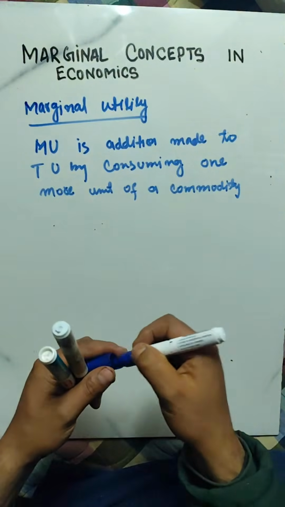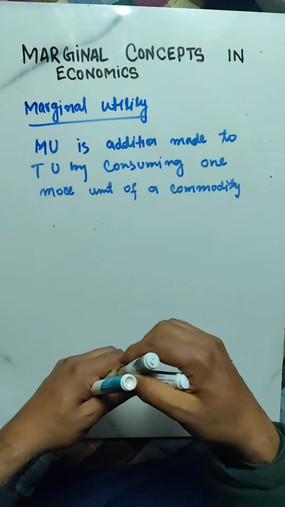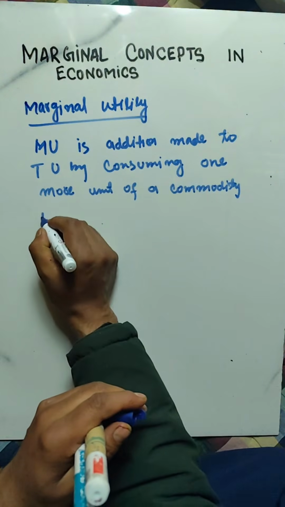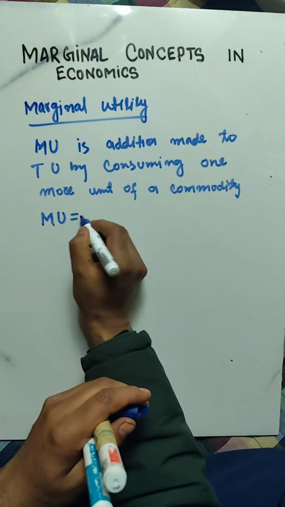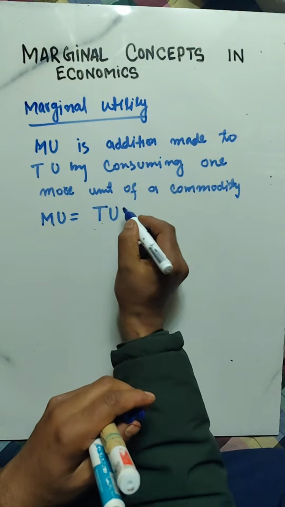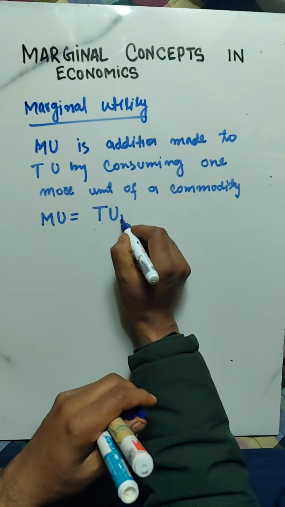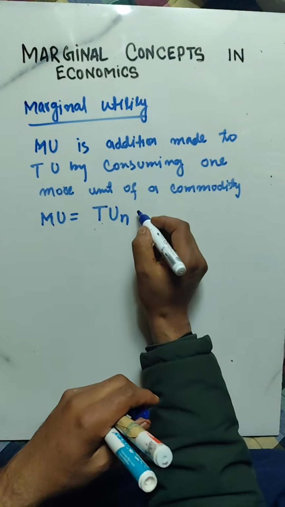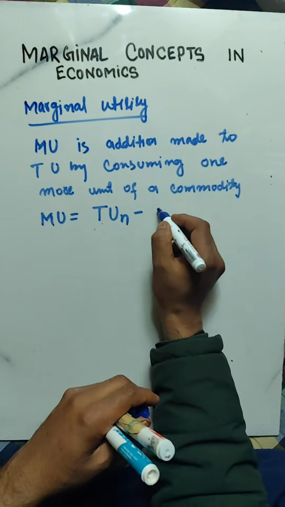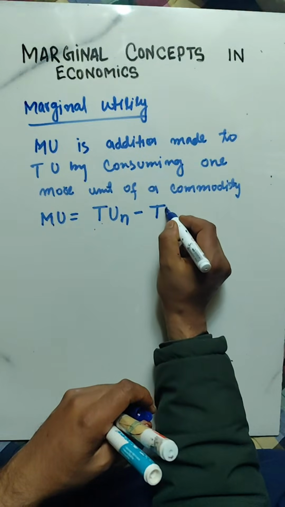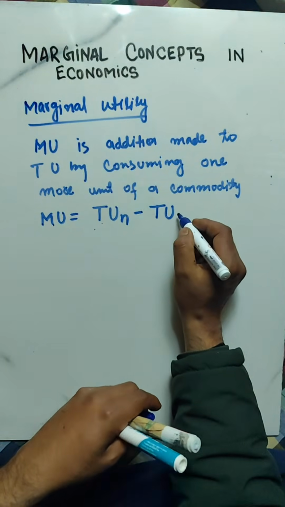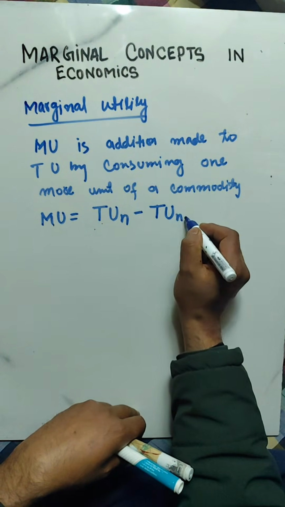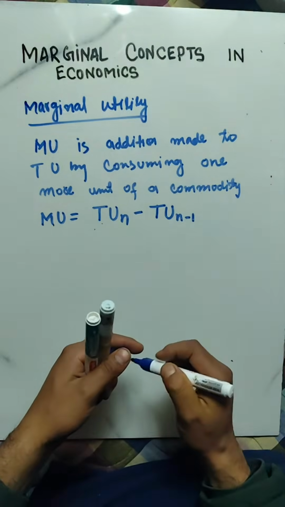Okay, so the formula we use for measuring the marginal utility is: marginal utility is equal to the total utility derived from consuming n units of a commodity minus the total utility derived by consuming n minus 1 units of a commodity.